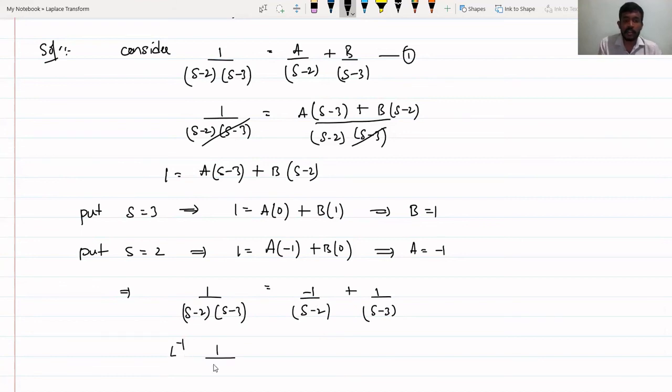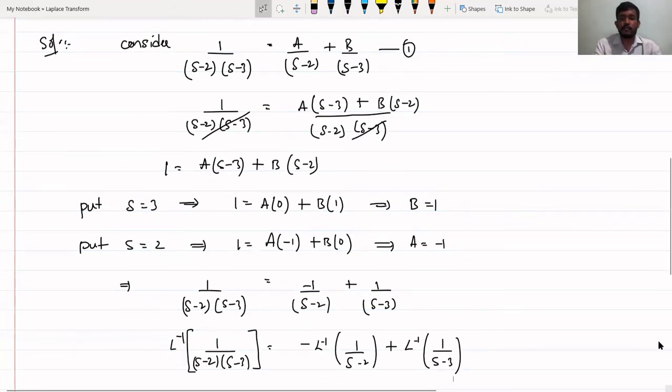L inverse of 1 upon s minus 2, s minus 3 equals minus L inverse of 1 by s minus 2 plus L inverse of 1 by s minus 3.